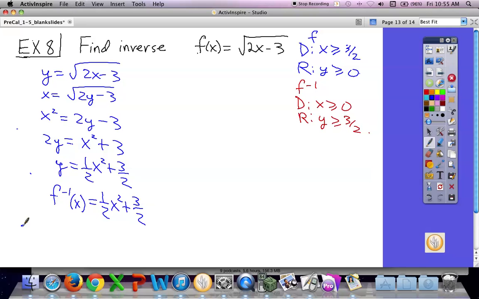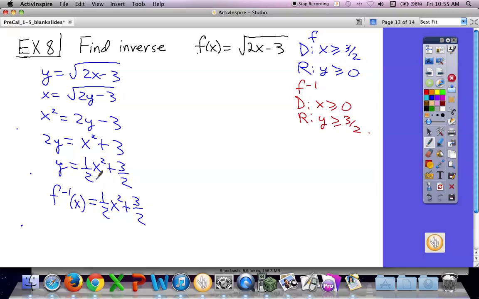What's that? This x squared over 2? Oh, yeah. I don't care. It's all the same.